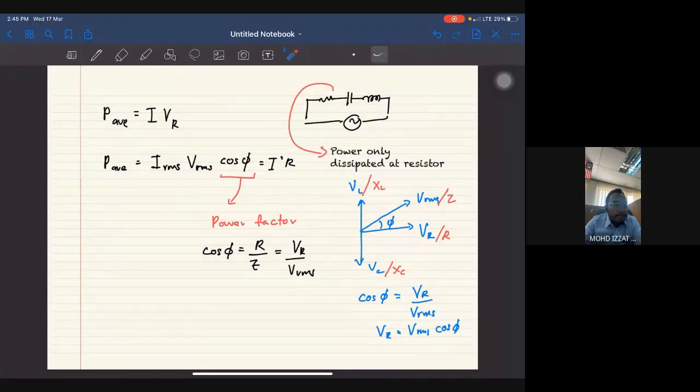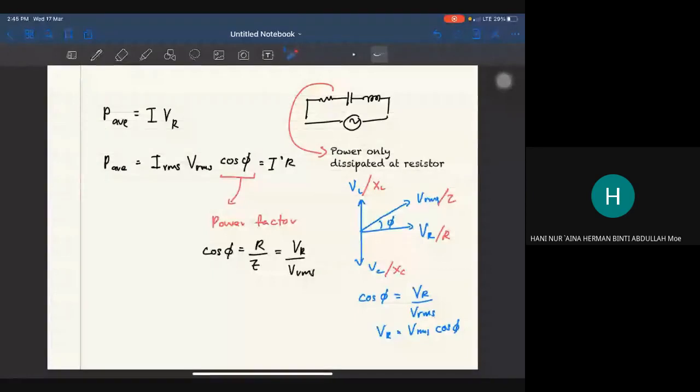Okay, one more thing that you need to know is about apparent and average power. Jadi saya tengok nota kamu ada tak? Tak ada. Tak ada, sir.